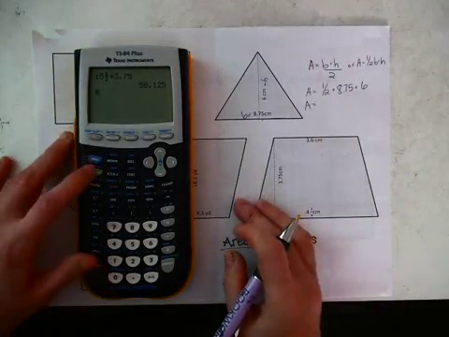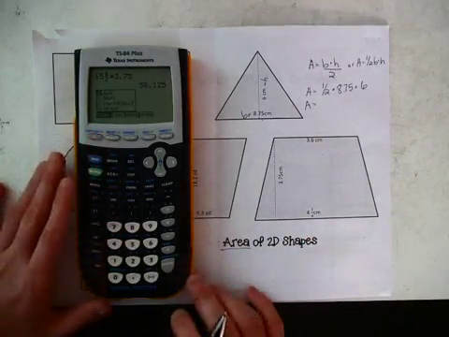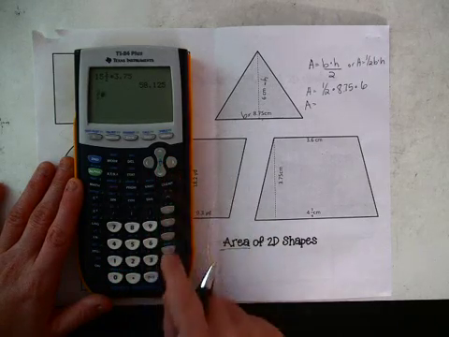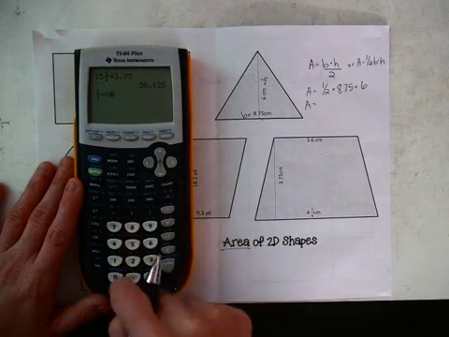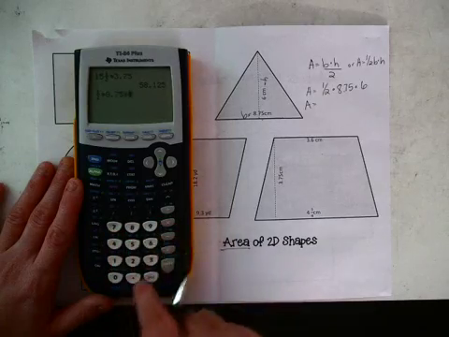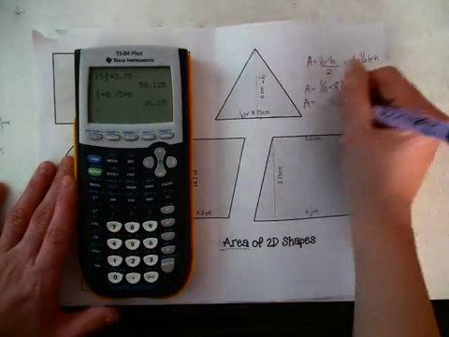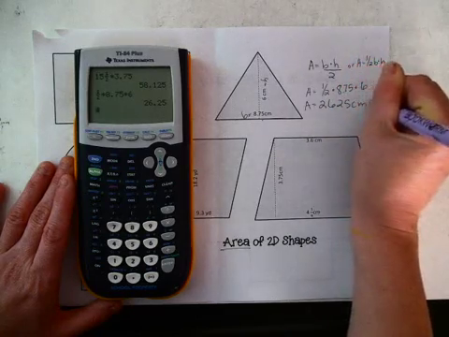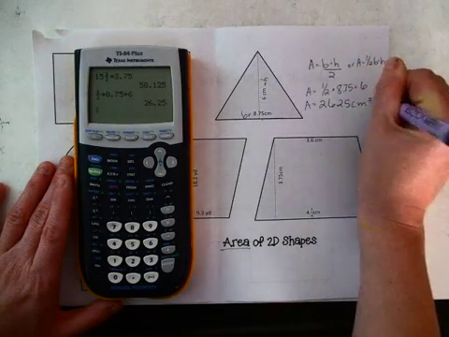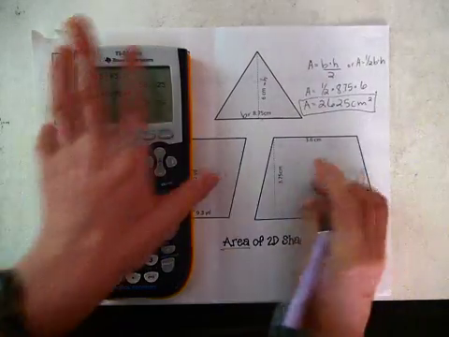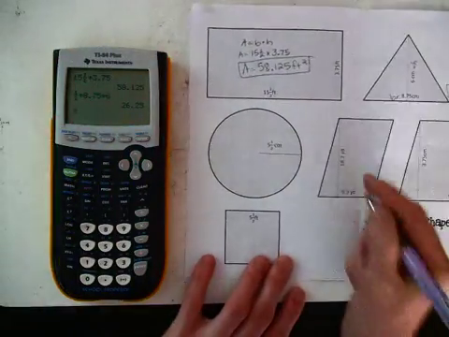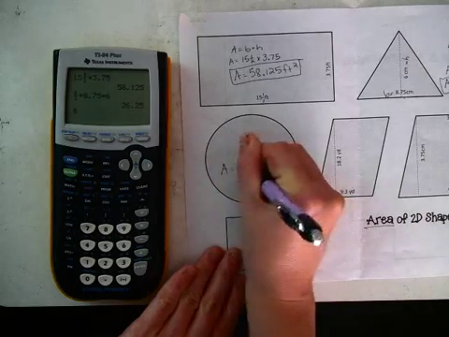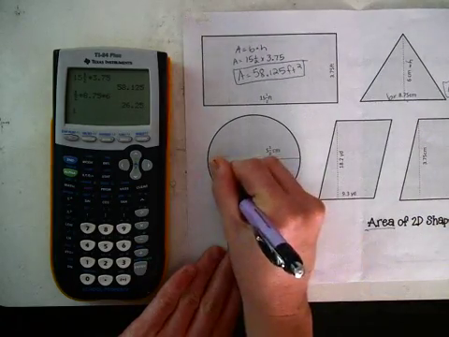I just plug that in. 1/2 times 8.75 times 6. A equals 26.25 centimeters squared. Boom.